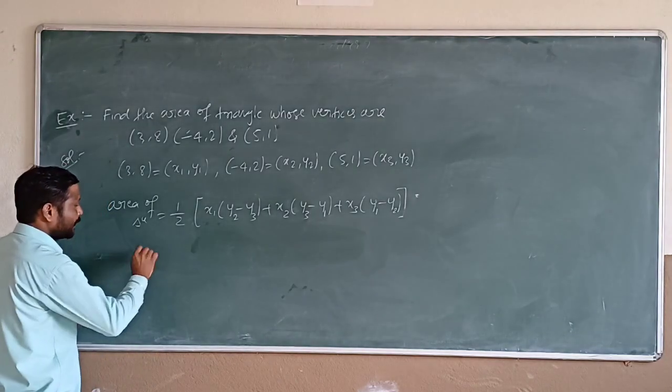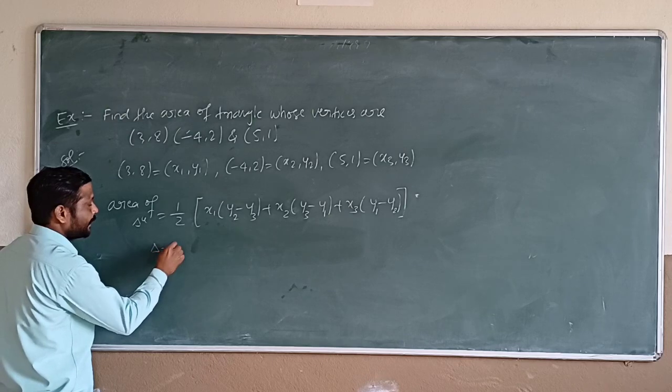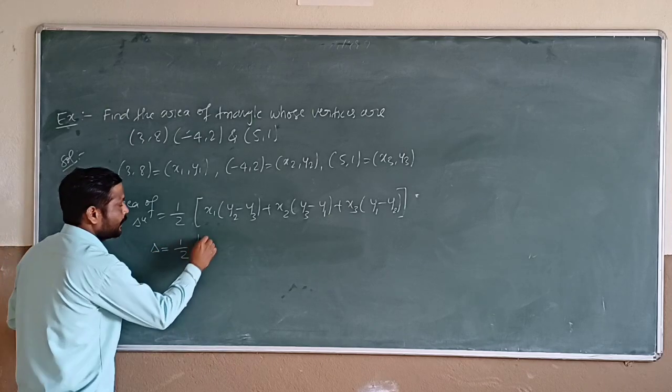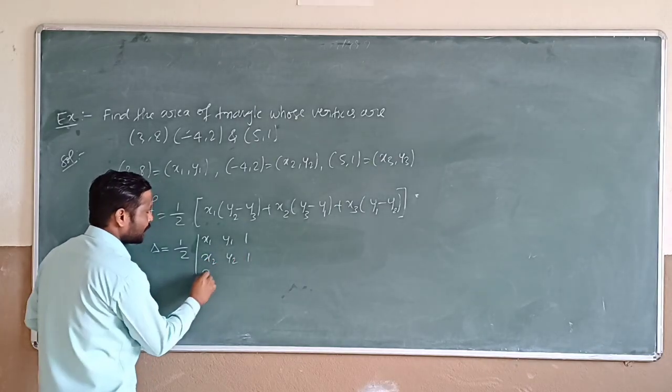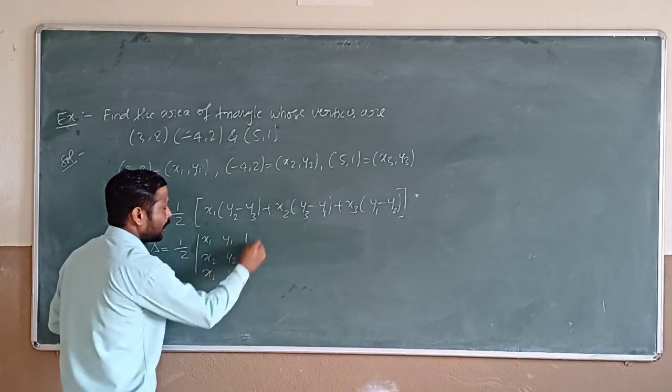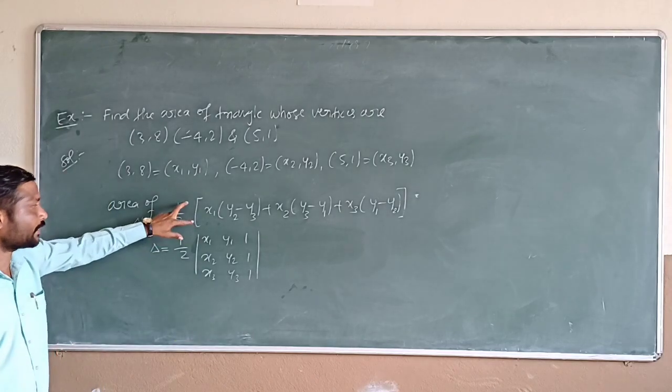Before that, delta is equal to 1 by 2 into the determinant with rows x1, y1, 1; x2, y2, 1; and x3, y3, 1. By using the expansion we get the equation.